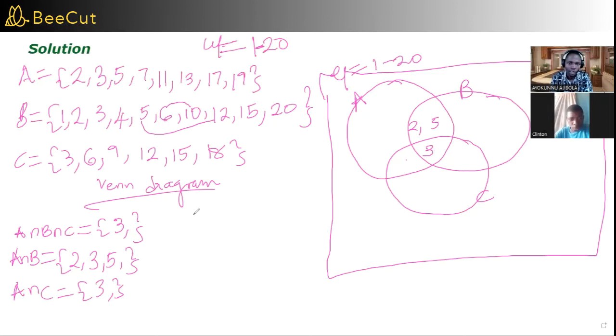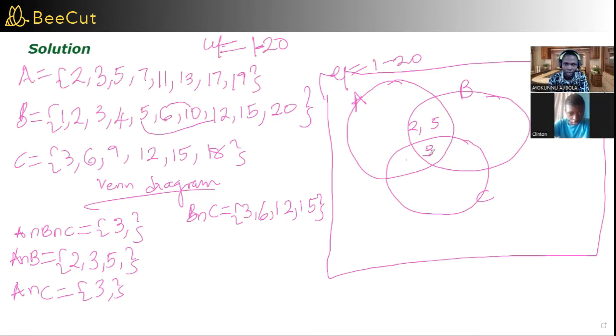Now let's go for B intersection C. We are trying to look at what is common to B and C. So what is common to B and C now? 3, 6, 12, and 15.